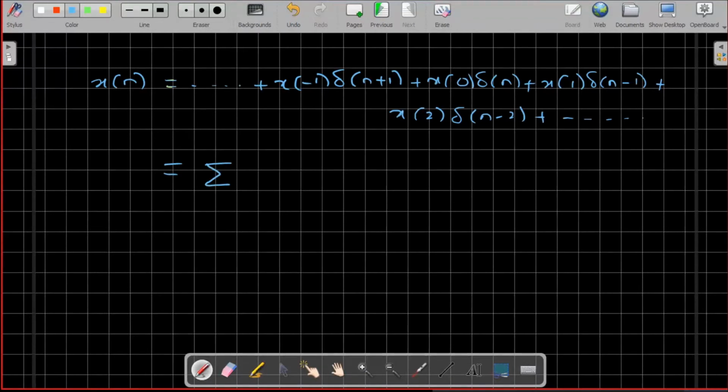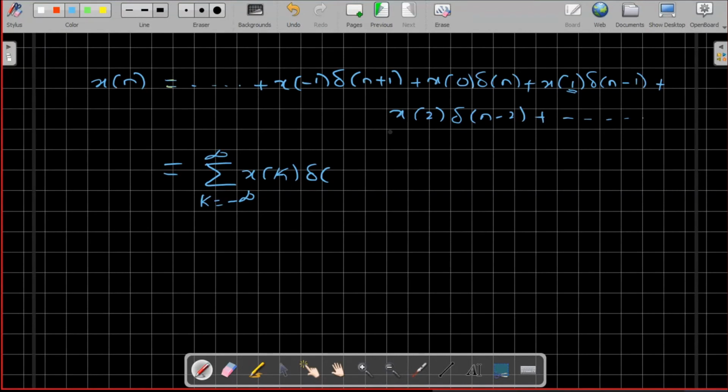That is simply summation k from minus infinity to plus infinity in the entire interval x of k into del of... Now see here x of 1 into del of n minus 1. So this amplitude at a particular time, okay, to get the sample at that particular time instant, your impulse signal must be shifted by the same amount of time.